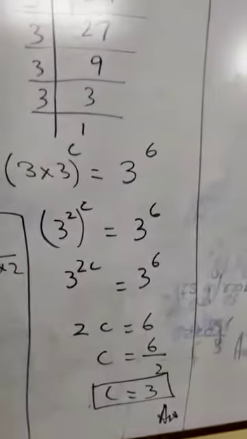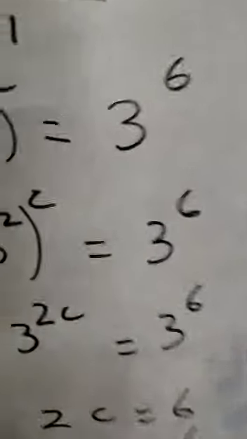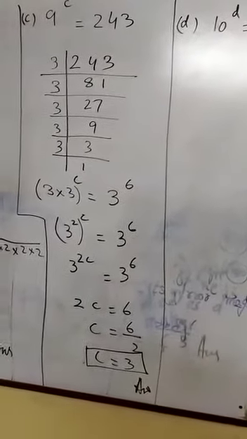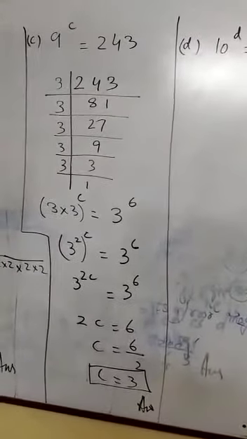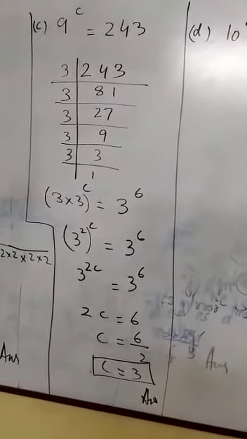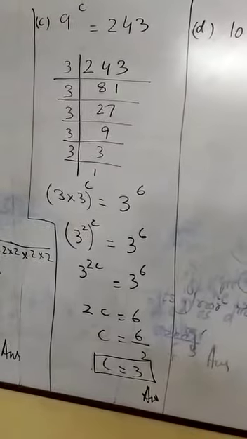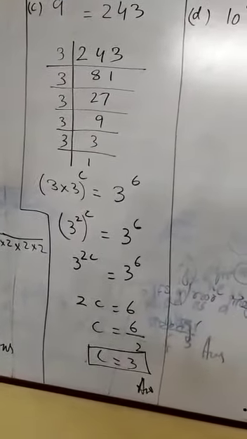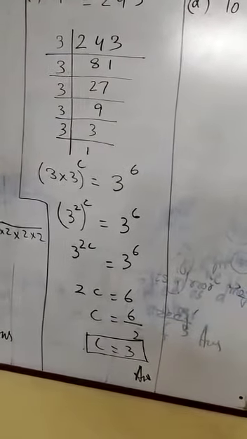Okay, now I'm explaining this question again. Please pay attention. Now this was 9 to the power c. 9 we know it is 3 into 3 and power is c, and 3 to the power 6.